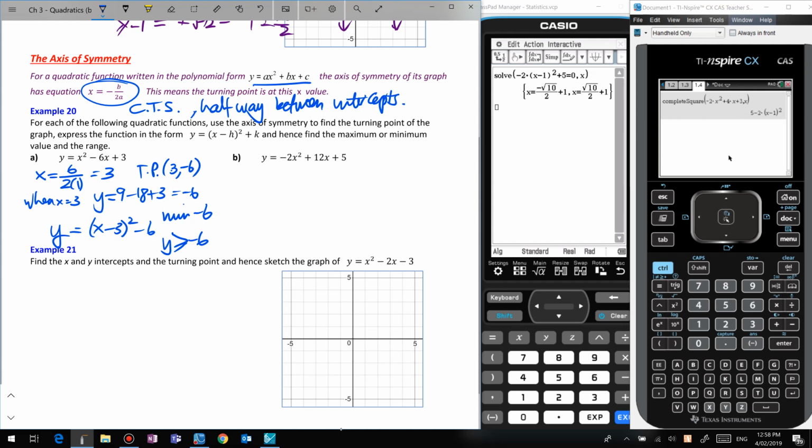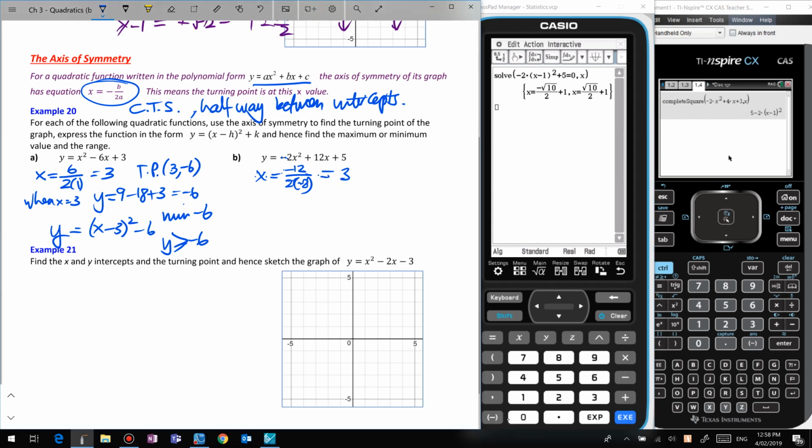This one here, my x value is negative b on 2 times a, 2 times negative 2, negative 12 on negative 4, which is 3. Y is equal to negative 2 times 9 plus 12 times 3 plus 5. What did I do there?